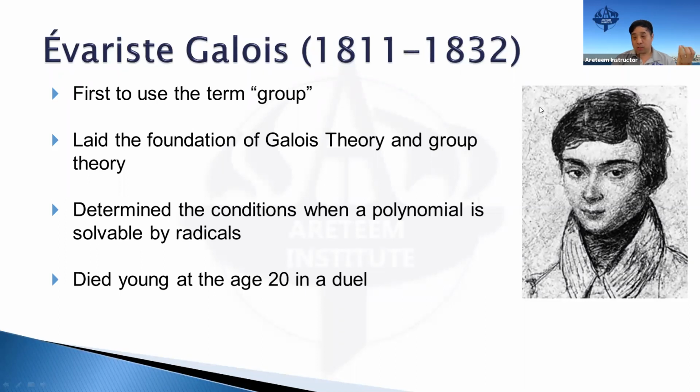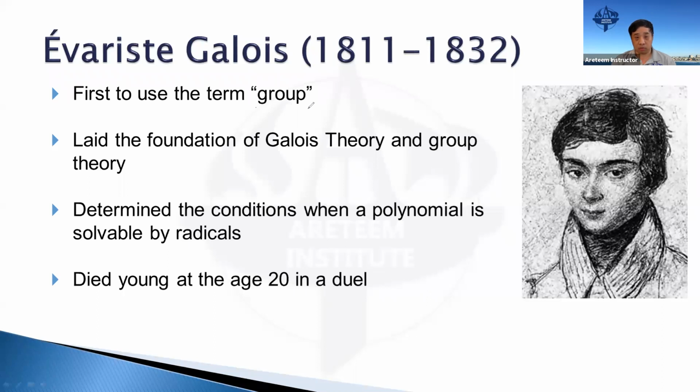This picture is actually a portrait of him at 15 years old. So when he was a teenager, he was reading mathematical textbooks like reading novels. So that was a super genius kind of person.